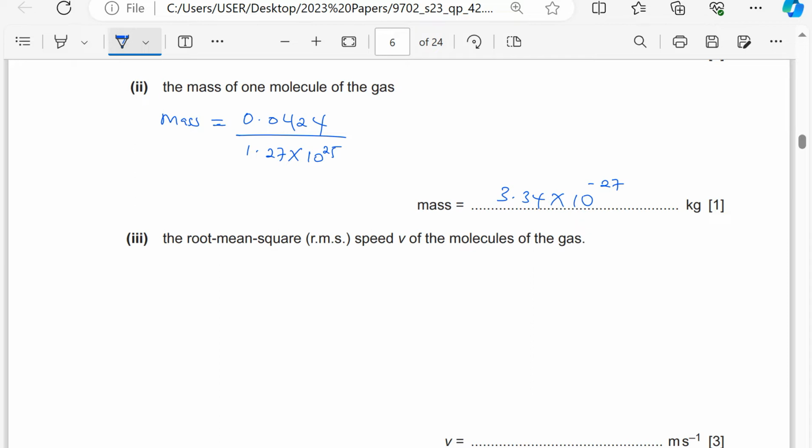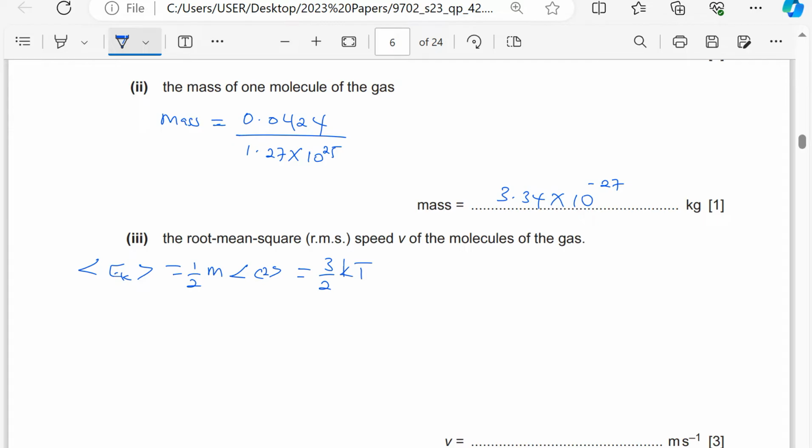Then the root mean square speed, v, of the molecules of the gas. We know that the average kinetic energy of a molecule is equal to a half times the mass of one molecule times the mean square speed, which you must have derived in your class as being equal to 3/2 kT.